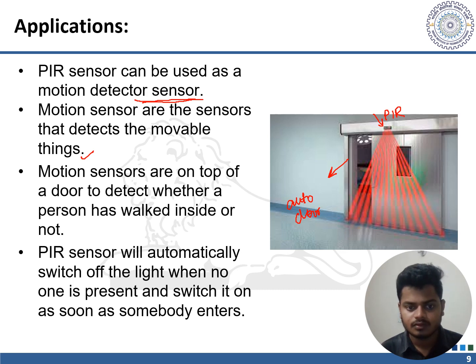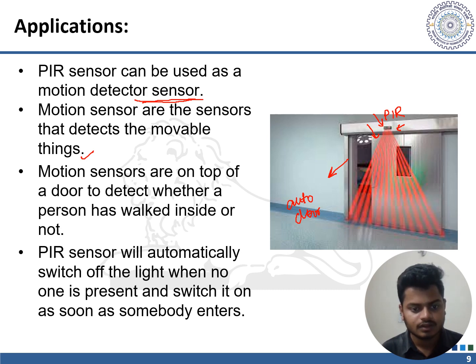So when a warm body or living object pass through this area, this will detect the infrared radiation and change the voltage. So this door will be opened, and when it will pass, this door will be closed.